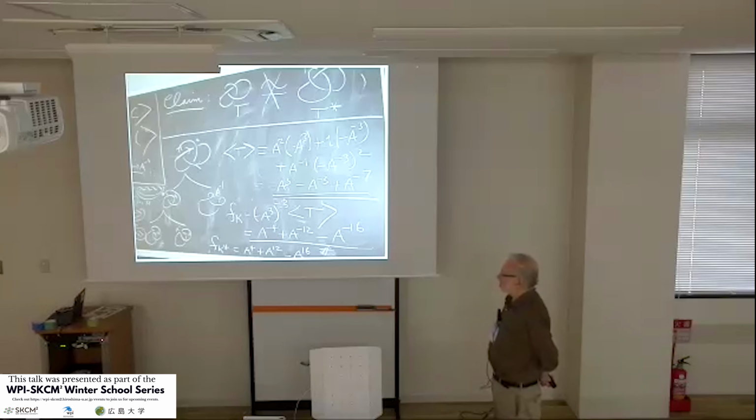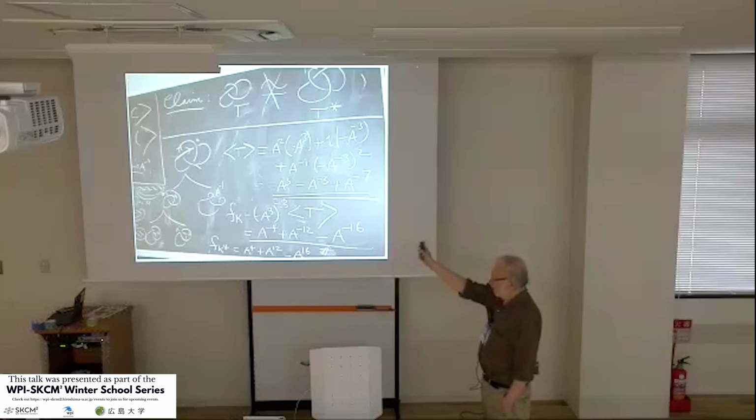And calculations at the bottom level of this look like this. You simply smooth crossings and add up and get the polynomial. And there are some efficiencies or inefficiencies that are related to the graph theory that underlies all of this. For example, calculating the trefoil knot, I smooth it one way and I get a Hopf link, and I smooth it the other way and I get something that I already know how to evaluate.